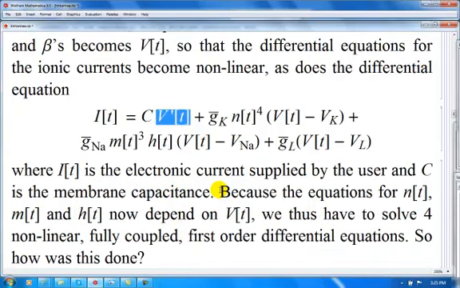Because the equations for n of t, m of t, and h of t now depend on v of t, we thus have to solve four nonlinear, fully coupled, first-order differential equations.